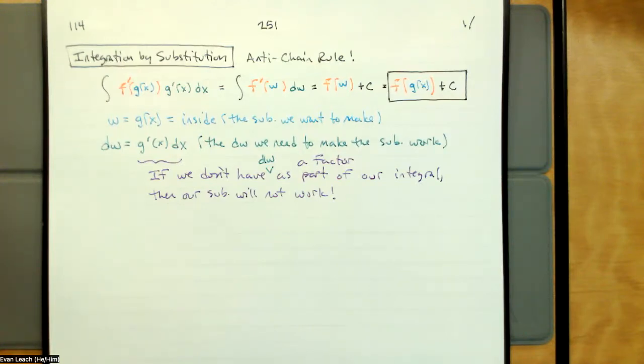We have to have the g prime. It can be off by a constant multiple, but that's all we can have.